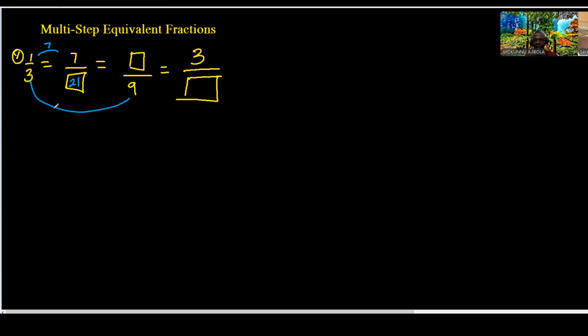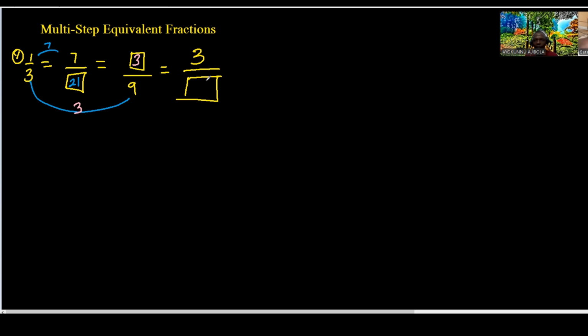So 3 times what will give me 9? 3 times 3, right? 9. So 3, that 3 times 1 is going to give us 3 here, okay? Is that clear?